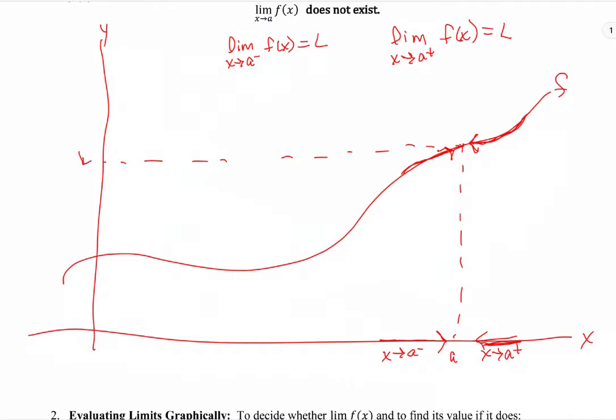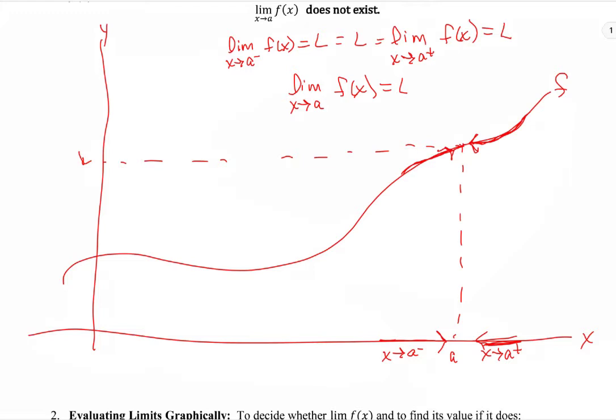If both of those happen, and both of those values are the same L, then the limit exists. And that means that the limit as x approaches a of f of x equals L. And that's what a limit is.